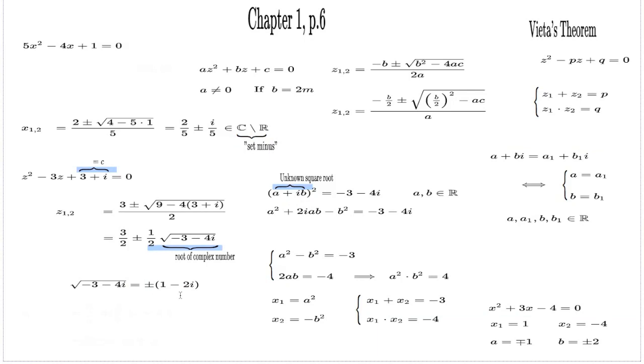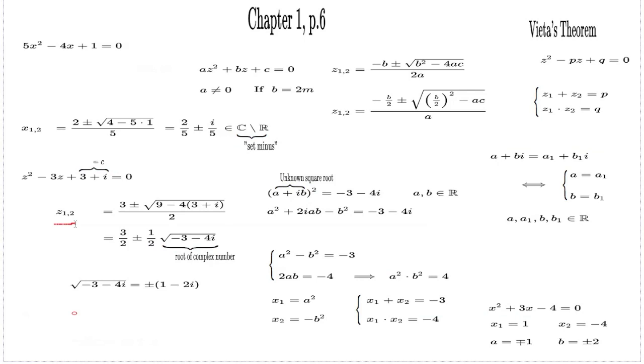In fact, if you remember details about the formula for the solutions of the quadratic equation, this plus minus is in fact already accounted for in this plus minus. And so actually we don't have to do plus minus once again.